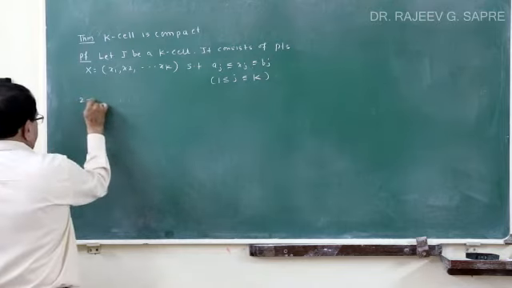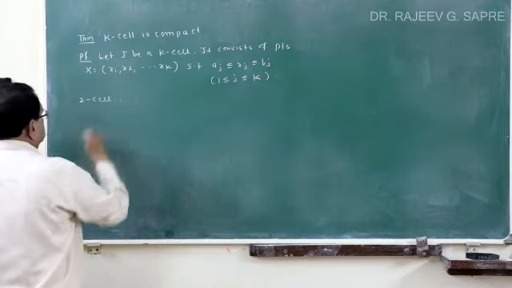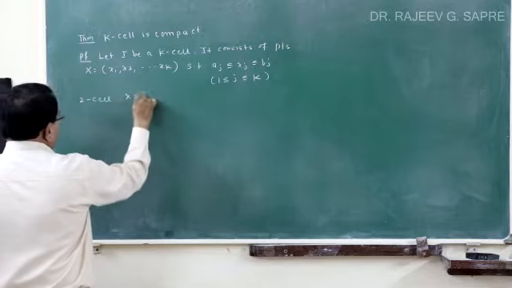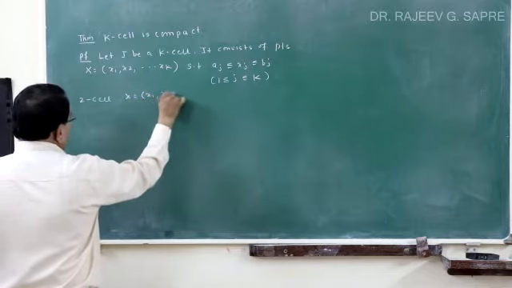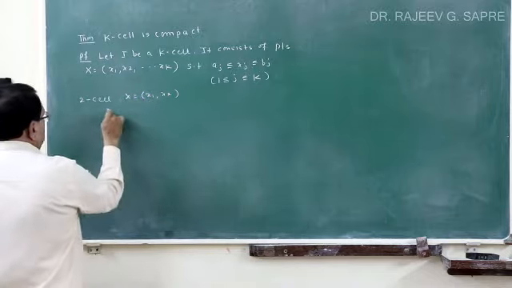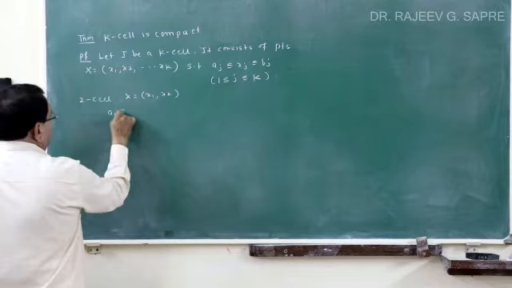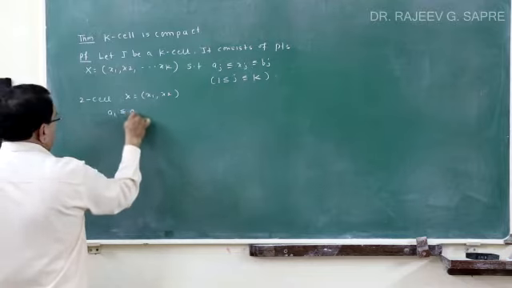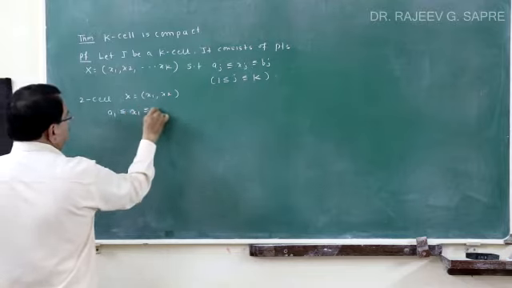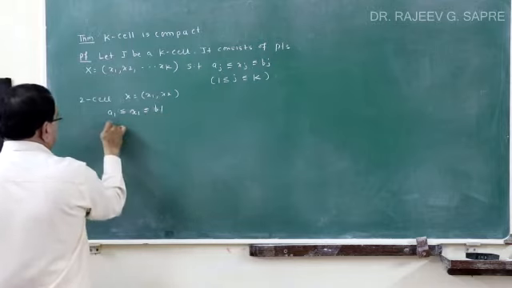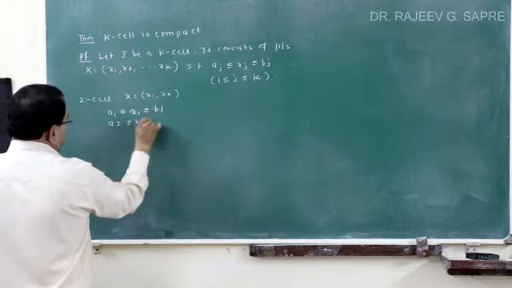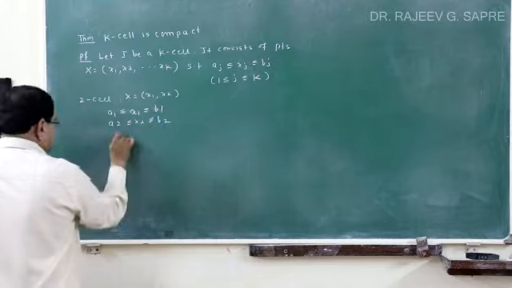Now consider a special case of this, to understand the idea. Suppose I consider a 2-cell. A 2-cell will be the points of the type x = (x1, x2), where a1 is less than or equal to x1 less than or equal to b1, and also a2 is less than or equal to x2 less than or equal to b2. So this is a subset of R2.